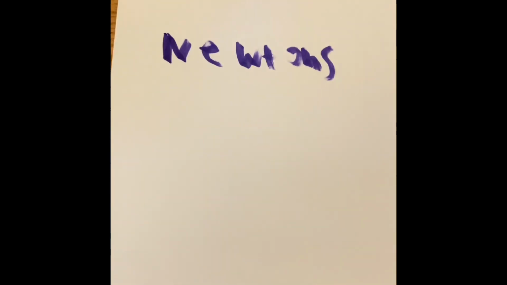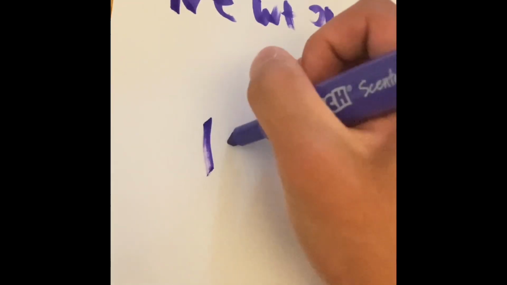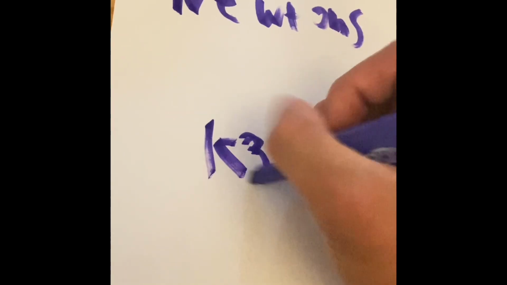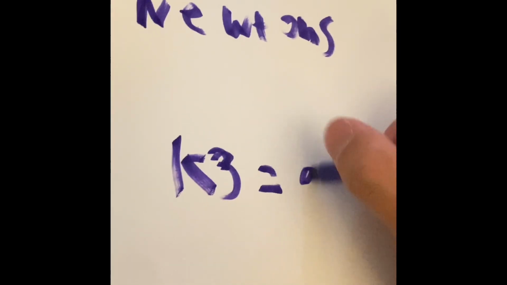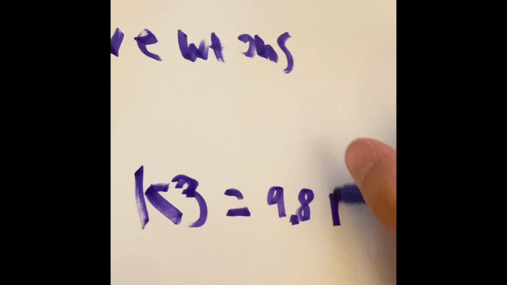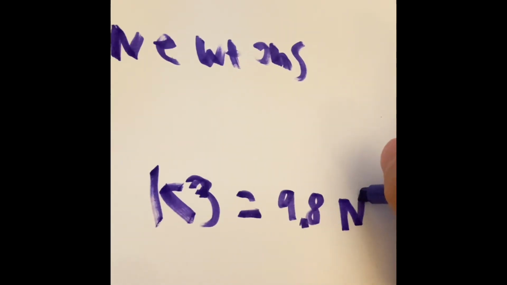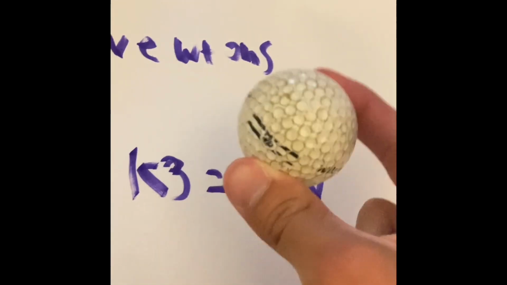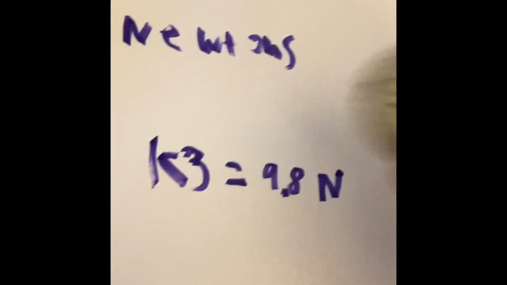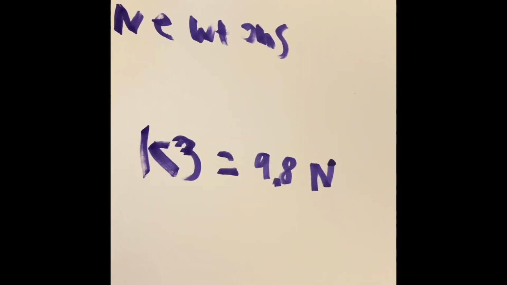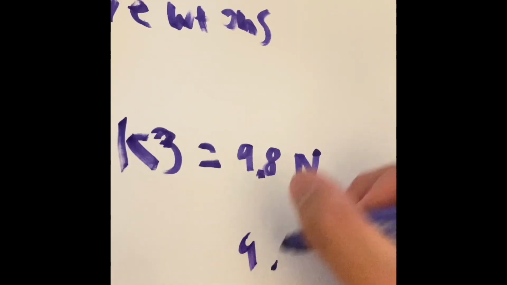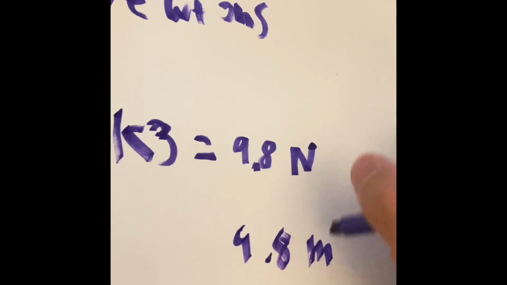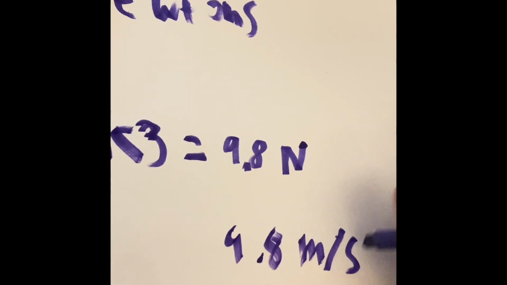Because on Earth, 1 kilogram is equal to 9.8 newtons. If you put this golf ball at the top and make it fall, it's going to fall at 9.8 meters per second squared.